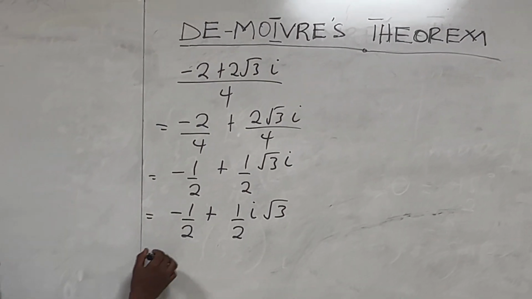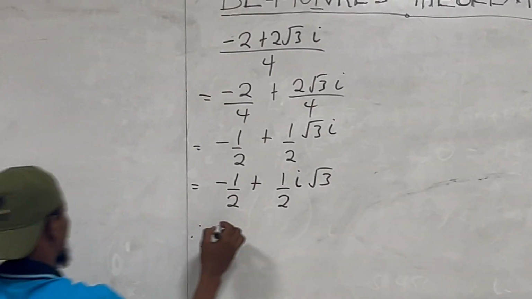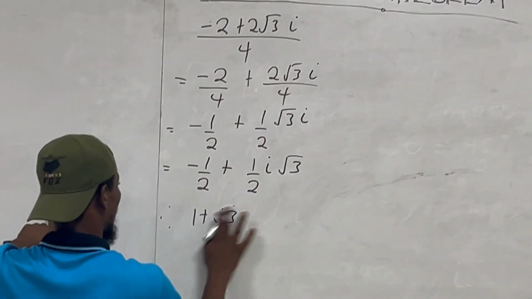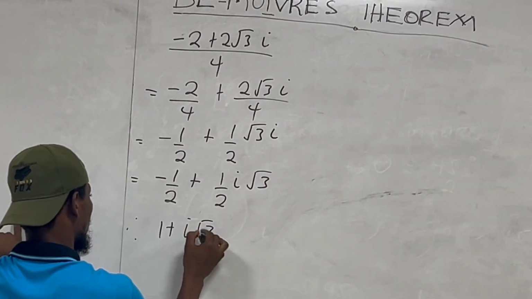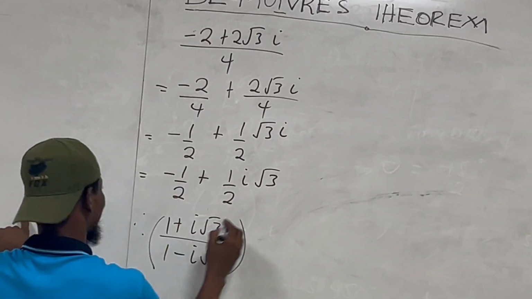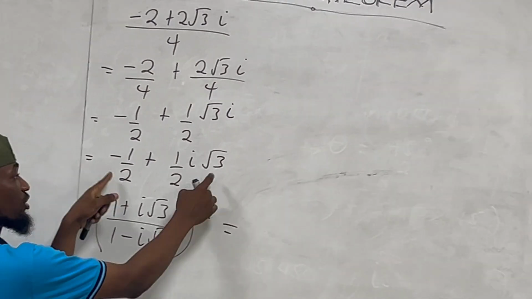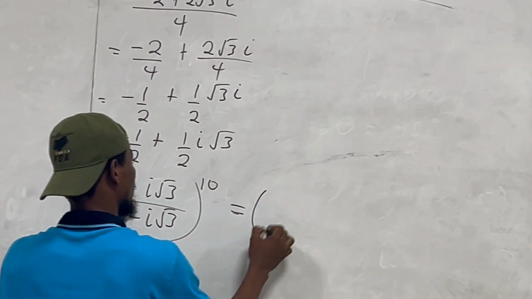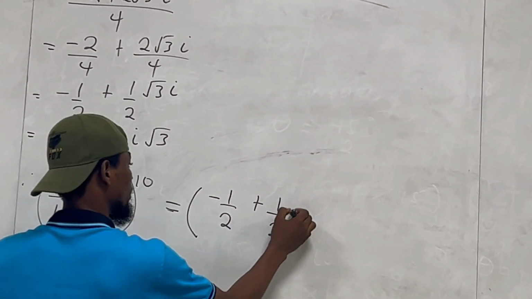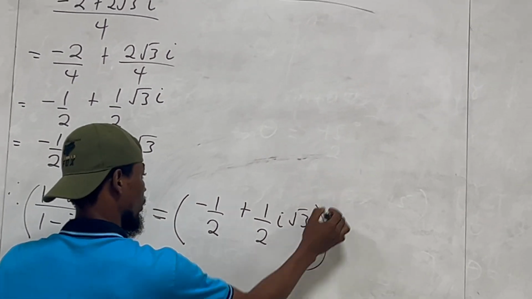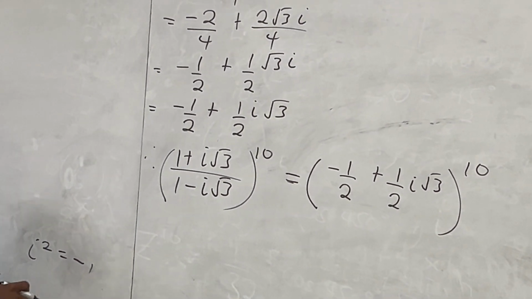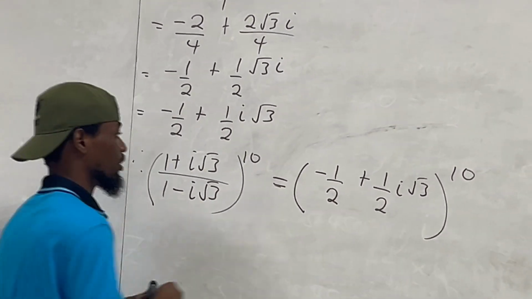So I can say that therefore the question, (1 plus i root 3) over (1 minus i root 3) to the exponent 10, is the same as the one we simplify, which is (-1/2 plus 1/2 i root 3) to the exponent 10. As simple as that. So I can do this.